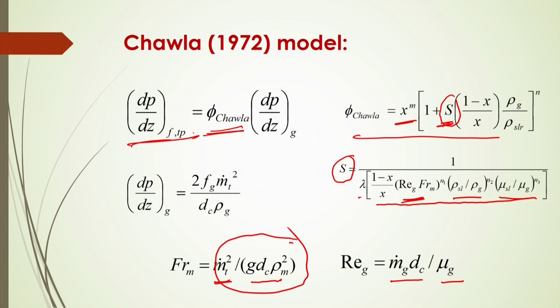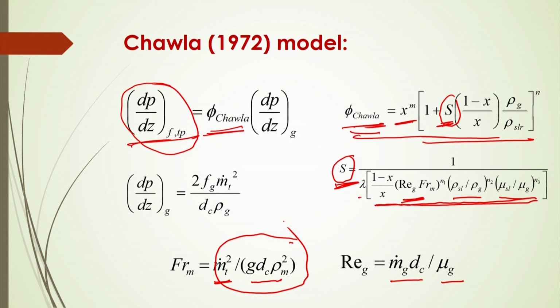In this case, phi Chawla is to be obtained from the experimental data, and then by fitting this model to the experimental value of phi Chawla, you can get the value of S, which is correlated directly with the physical properties, the geometrical properties and other operating conditions.